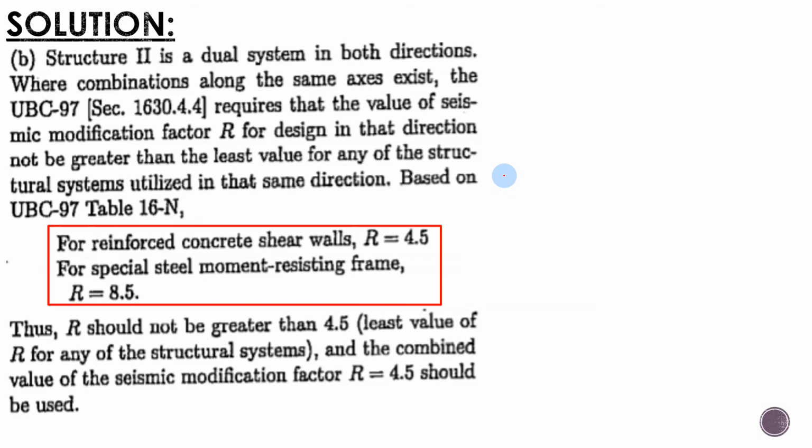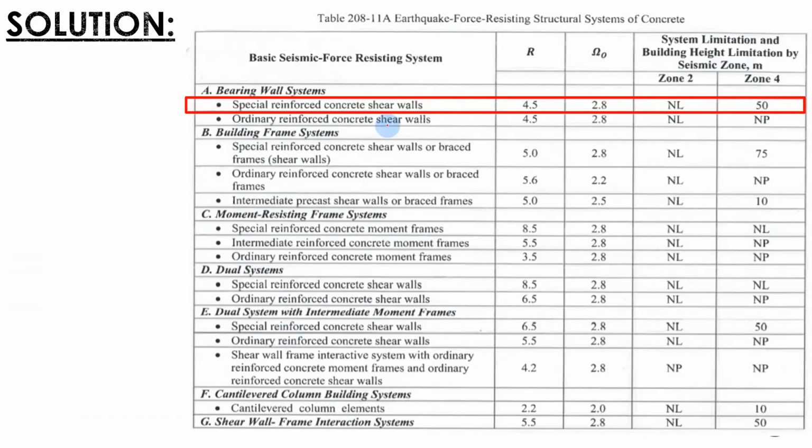So based on UBC, special moment resisting frame, then reinforced concrete shear wall. R should not be greater than 4.5, the least value of R for any of the structural systems, and the combined value of the seismic modification factor R 4.5 should be used. So 4.5.